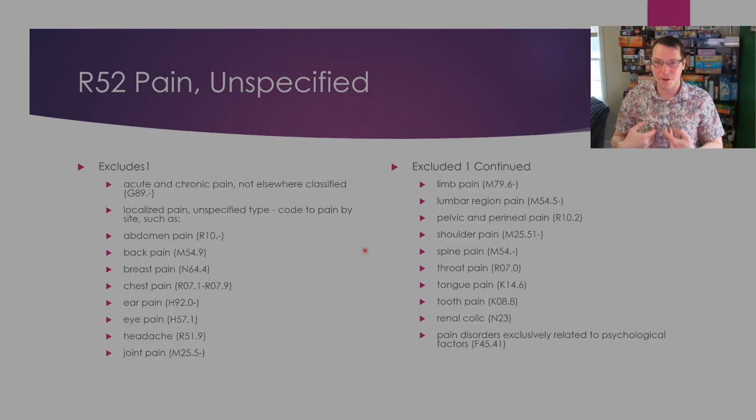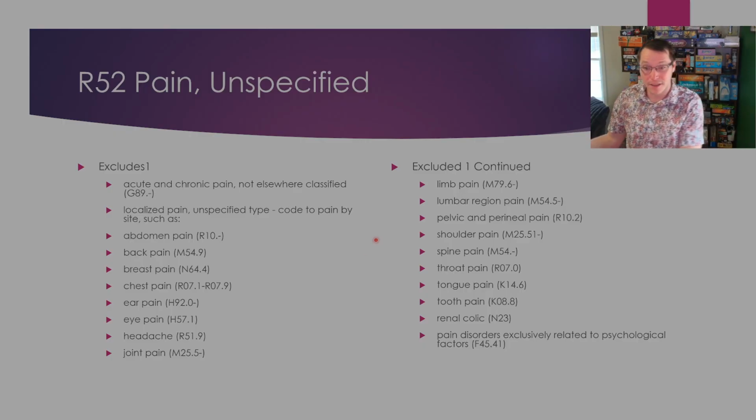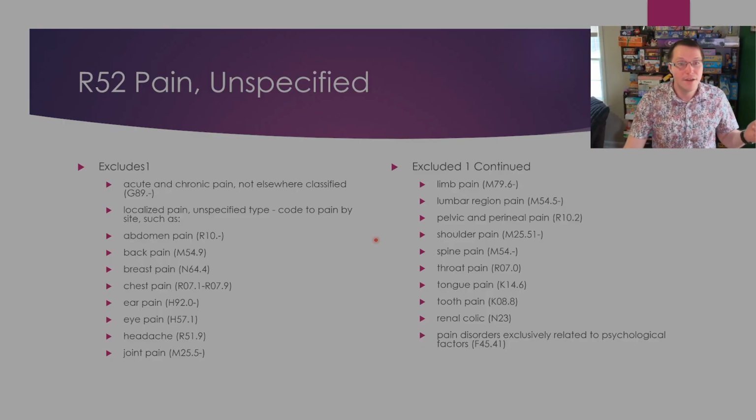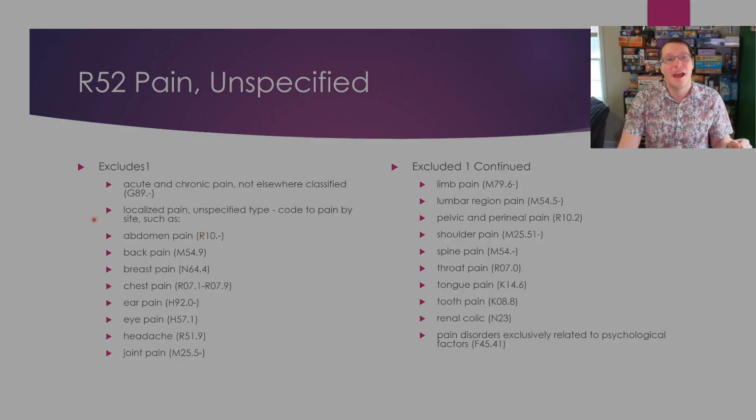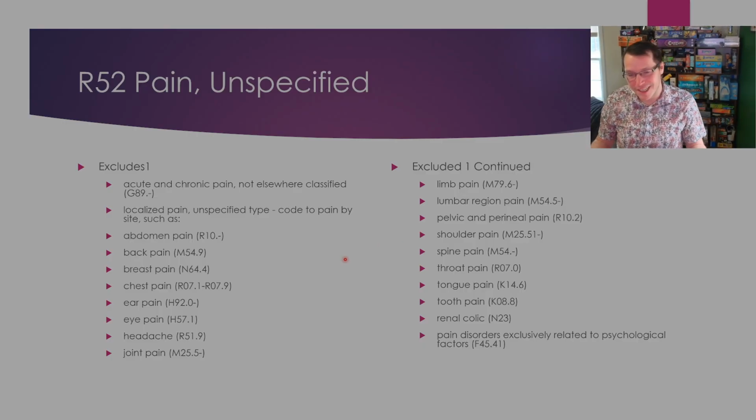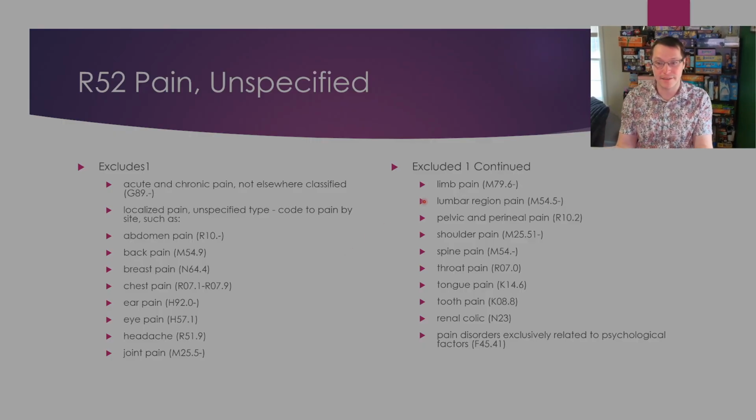And then it's my role as a coder to actually make this into usable information for the other billers and stuff like that. So just quite simply, R52 is just a basic pain code. So obviously it's going to exclude any actual pain code. Any localized actual pain is going to exclude it. It's just really kind of a nonsense code that's not that great. So that's why I think it's a fantastic crutch code.